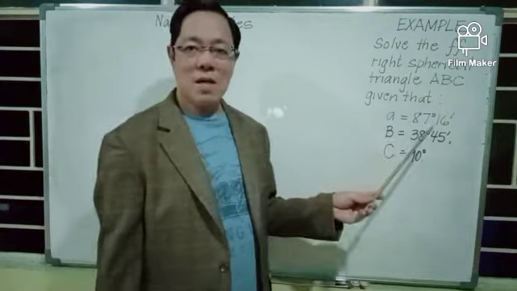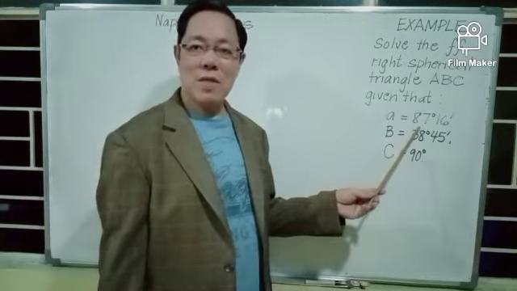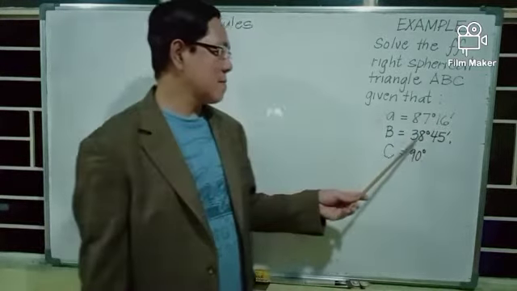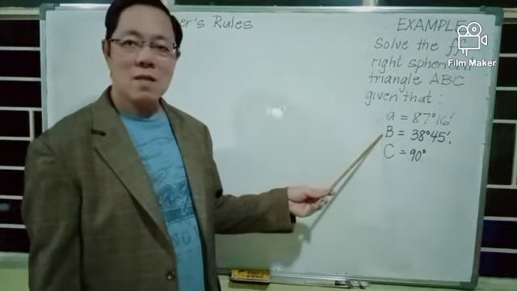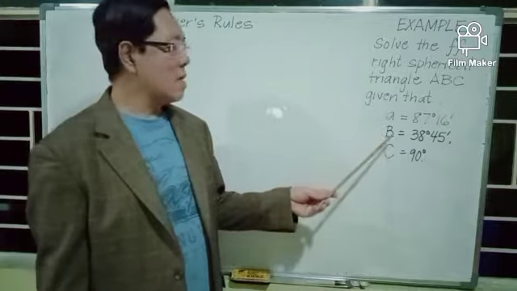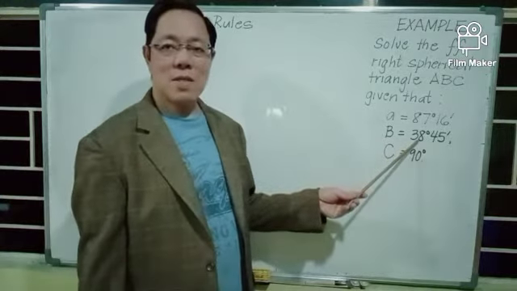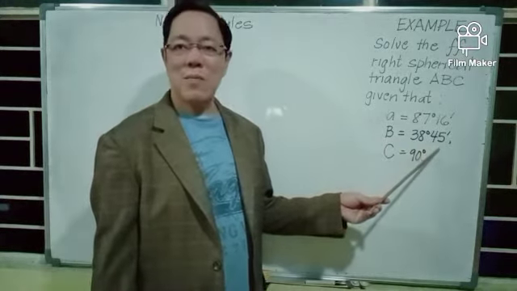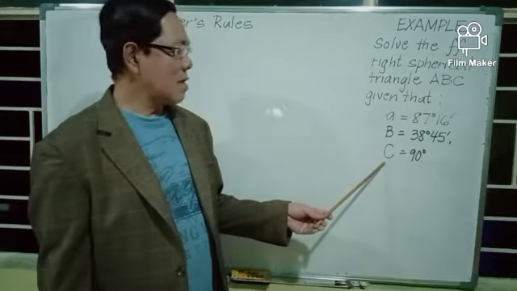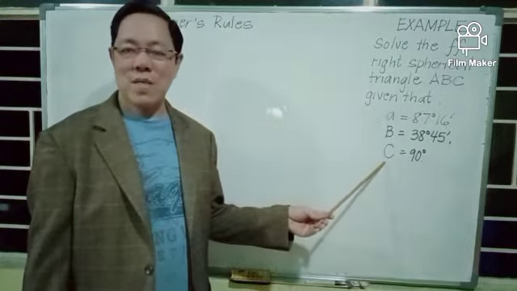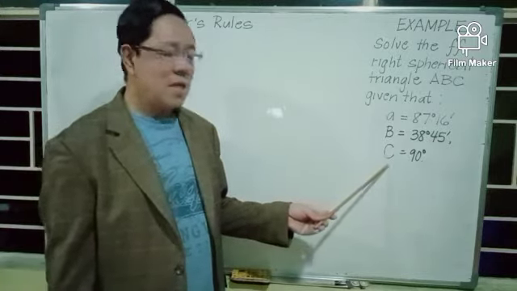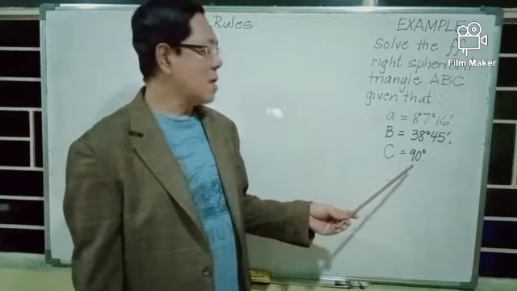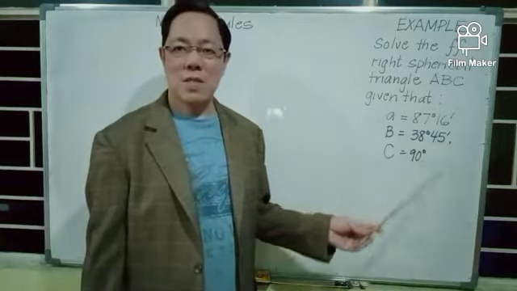And that central angle has a measure of 87 degrees 16 minutes. One of the surface angles is given, angle B, and its measure is 38 degrees 45 minutes. And the right angle is at vertex C, or the right angle is angle C. It is a surface angle and it measures 90 degrees.